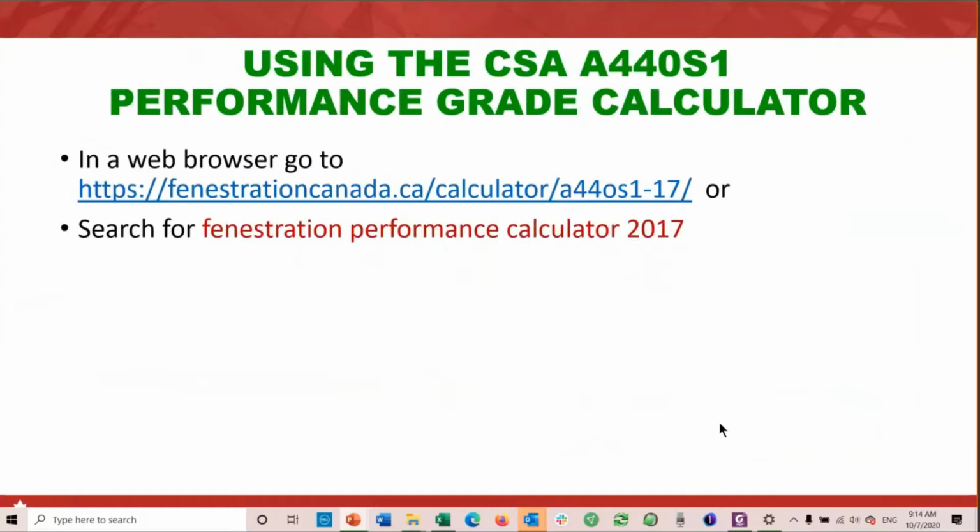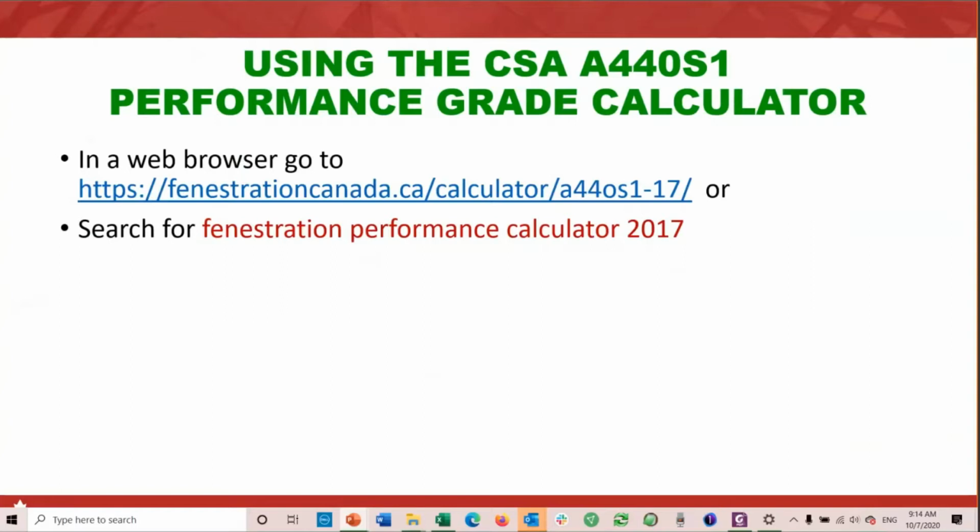The A440S1 standard has methods and tables for determining the required level of performance. But Fenestration Canada recognized that not all building officials have access to that standard. Certainly not all builders are going to have access to this national standard and figure out how to do those calculations.